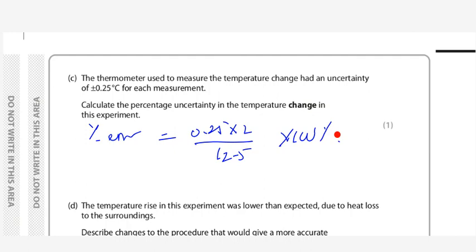So 0.25 times 2 divided by 12.5 times 100, you get a percentage error of 4%.